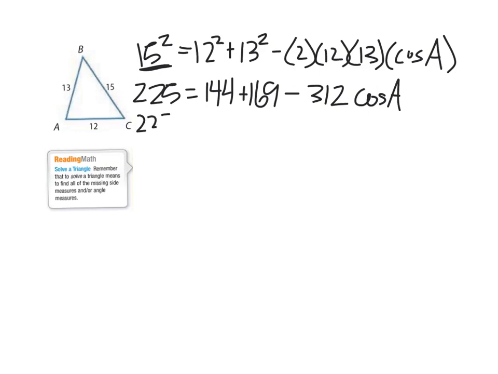So 225 equals 313 minus 312 times the cosine of angle A.